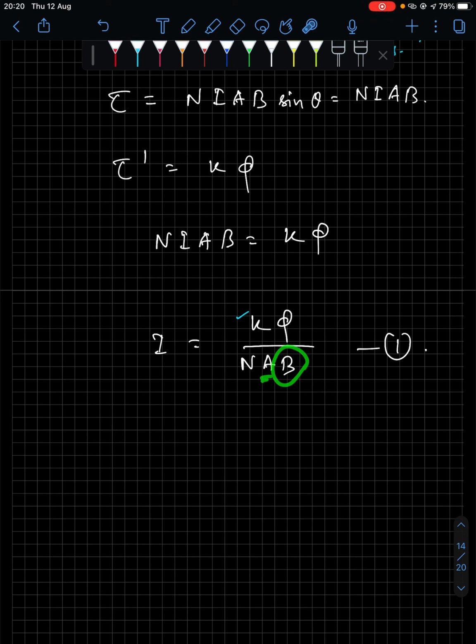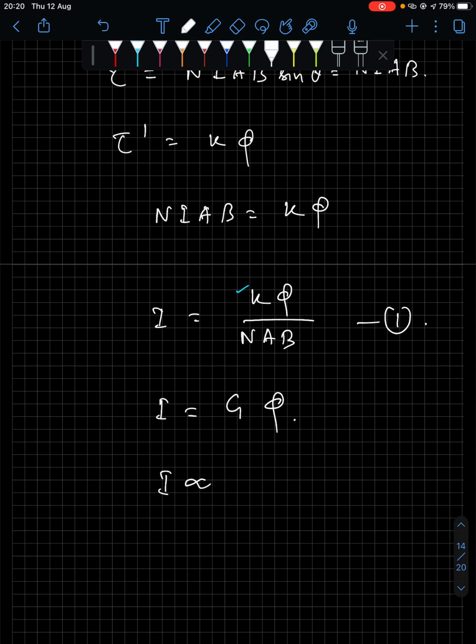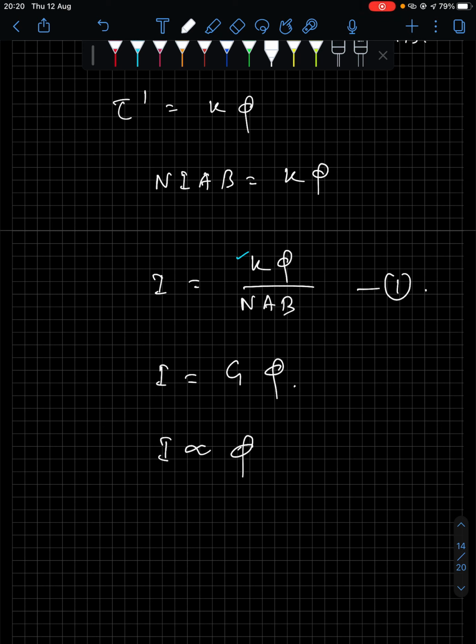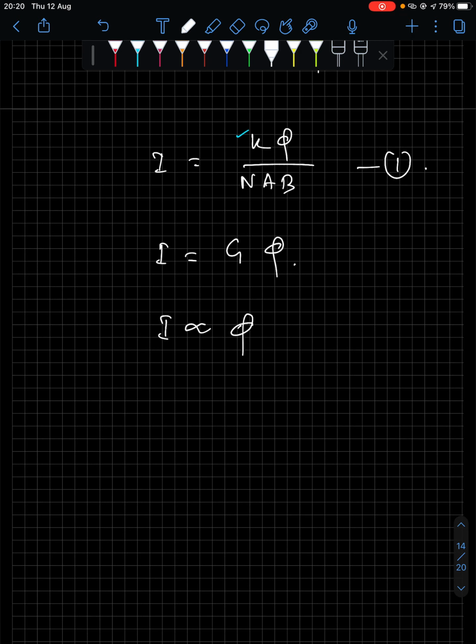The area of the coil is fixed, and the magnetic field is also constant, a uniform magnetic field. So you can write K by NAB as G, and G is called the galvanometer constant. So I is proportional to phi. It says that the greater the deflection, the greater the amount of current passing through the galvanometer.